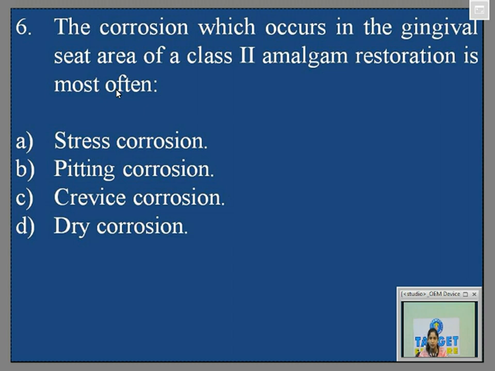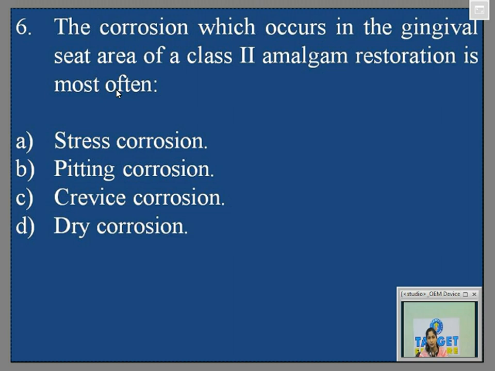The second broader category, or the more clinically relevant category, is electrochemical corrosion or wet corrosion. By the name itself, it is happening in the presence of an electrolyte, that is saliva. Now this again has a lot of subcategories.